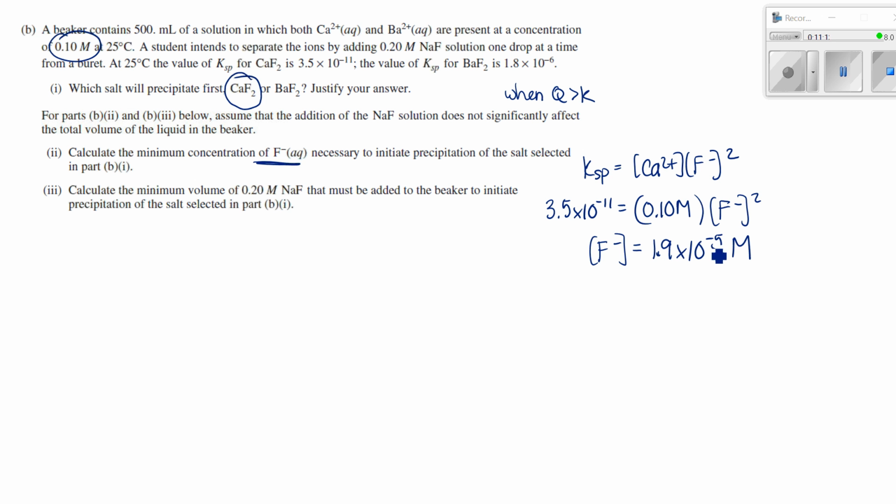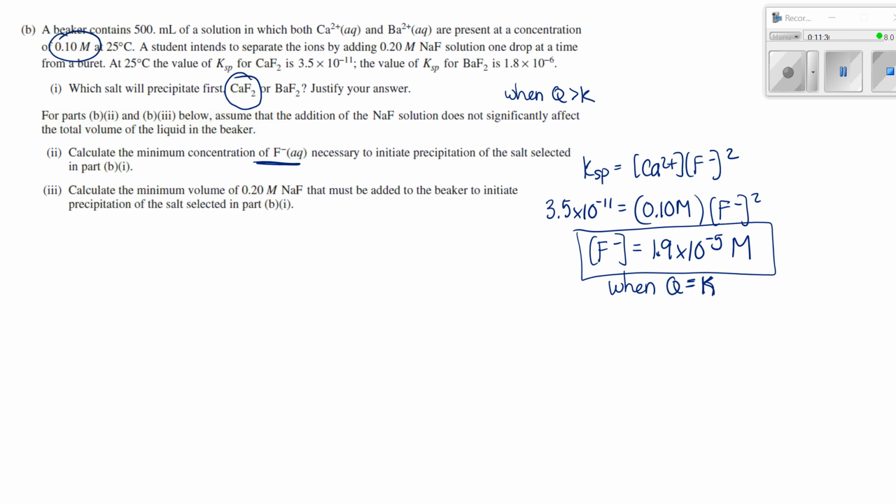And if you think about what that number represents, that is the concentration of fluoride ions when Q is equal to K. So any drops of fluoride that you add beyond this point, Q is now greater than K, and so you're going to form a precipitate. So this is kind of like the tipping point concentration when your precipitate starts to form.